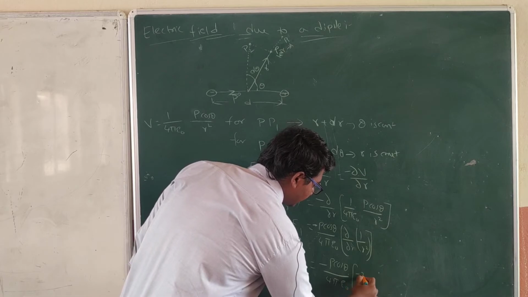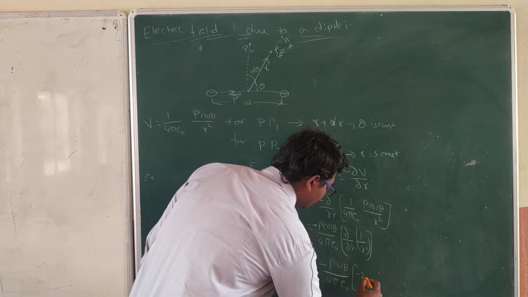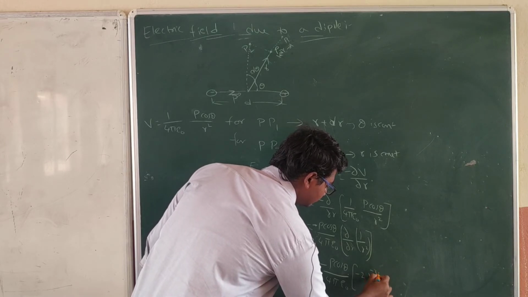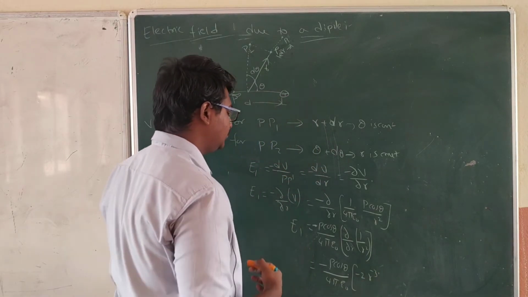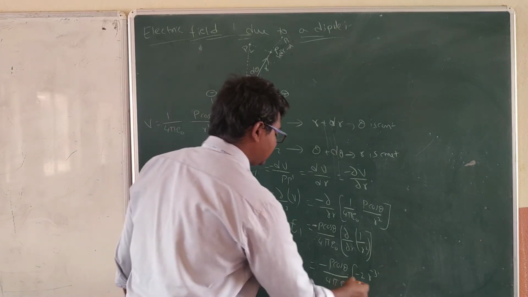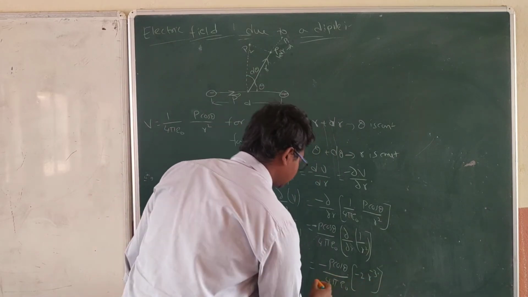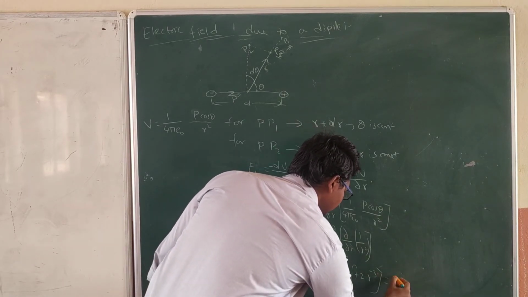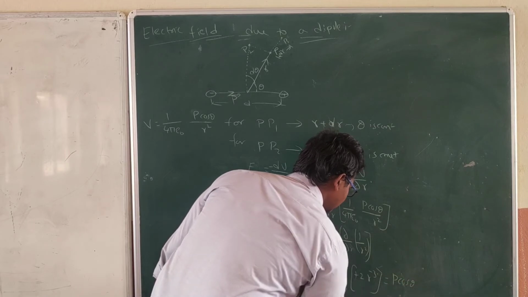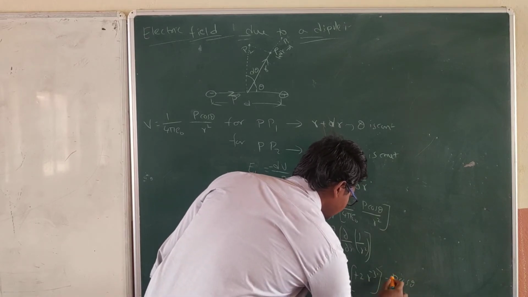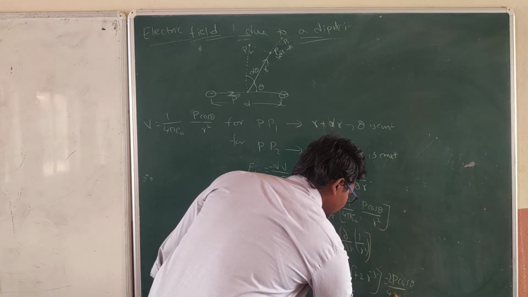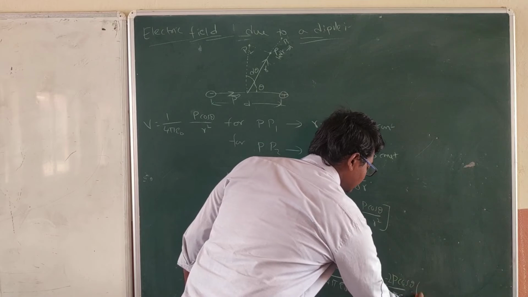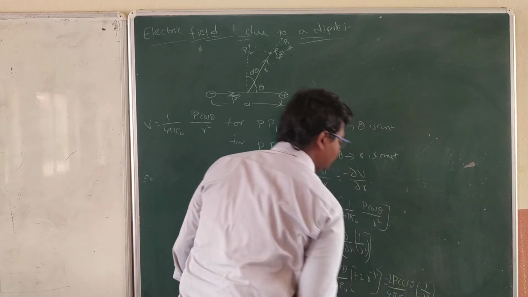How do we do that? 1 by r square is r power minus 2, so it becomes minus 2 into r power minus 2 minus 1, that is minus 2 into r power minus 3. Minus minus becomes plus, so we get 2P cos theta by 4 pi epsilon naught into 1 by r cube.